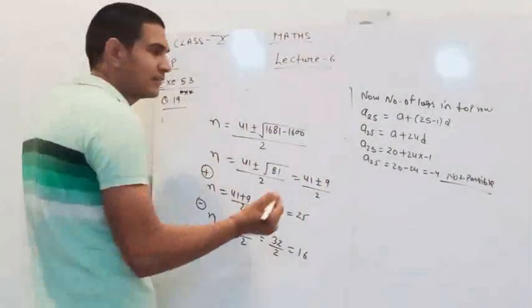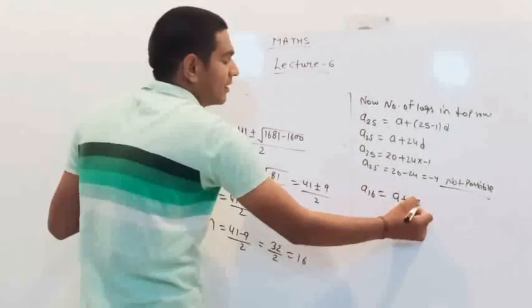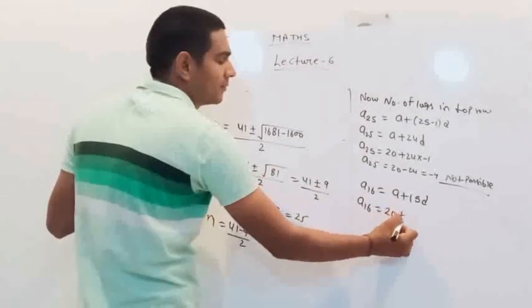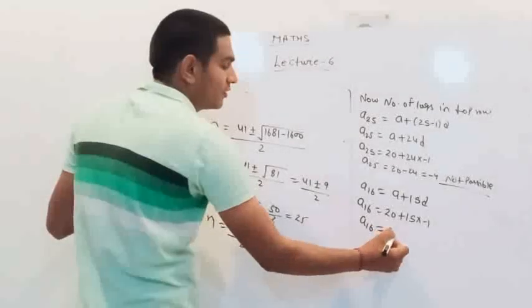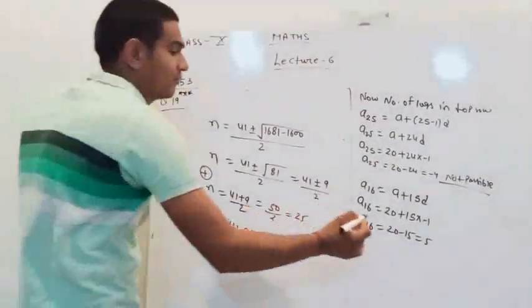Second, we find a16, which is a plus 15d, equal to 20 plus 15 times minus 1, which is 20 minus 15 equals 5. That is possible.